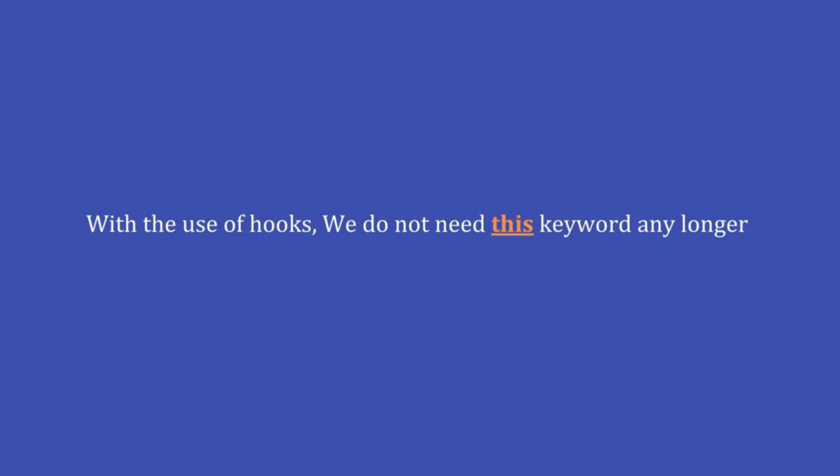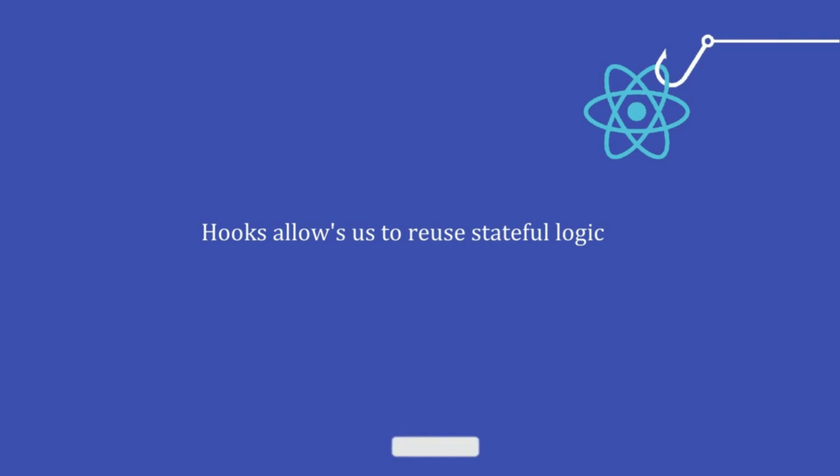With the use of hooks, you don't have to worry about the this keyword anymore. And finally, it allows us to reuse stateful logic. Now we have clear knowledge of what React hooks is all about. Let's practicalize it in the next lecture.